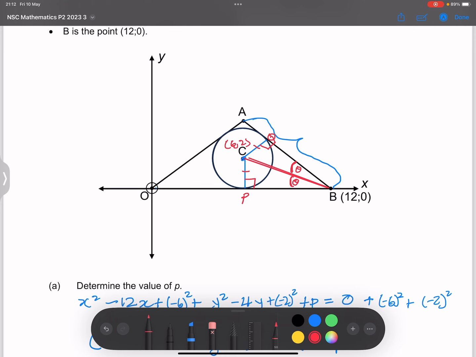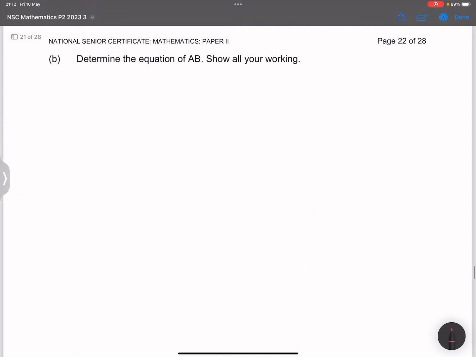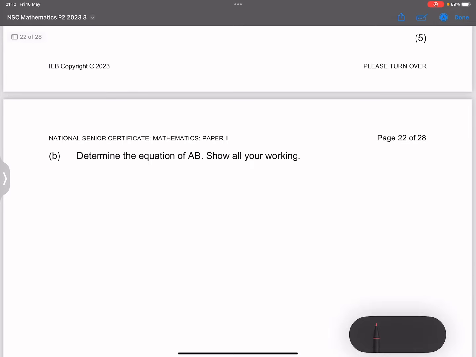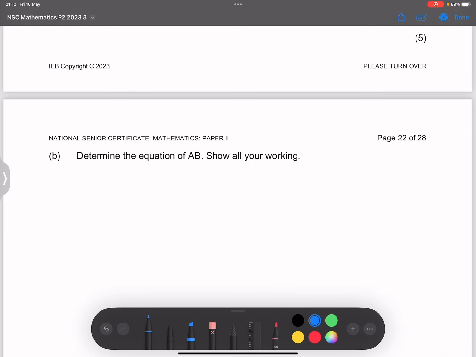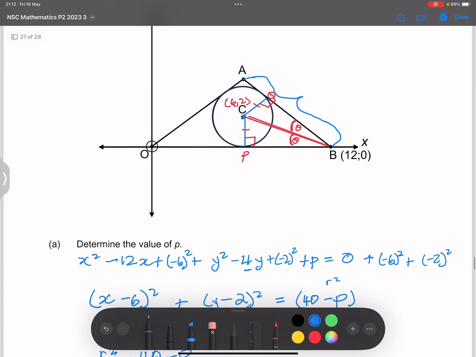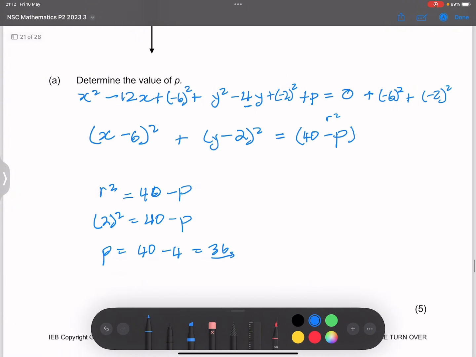So let's look for the gradient BC. The gradient of BC is y2 minus y1 over x2 minus x1. Our y2, let's say, is going to be 2 minus 0 divided by 6 minus 12.